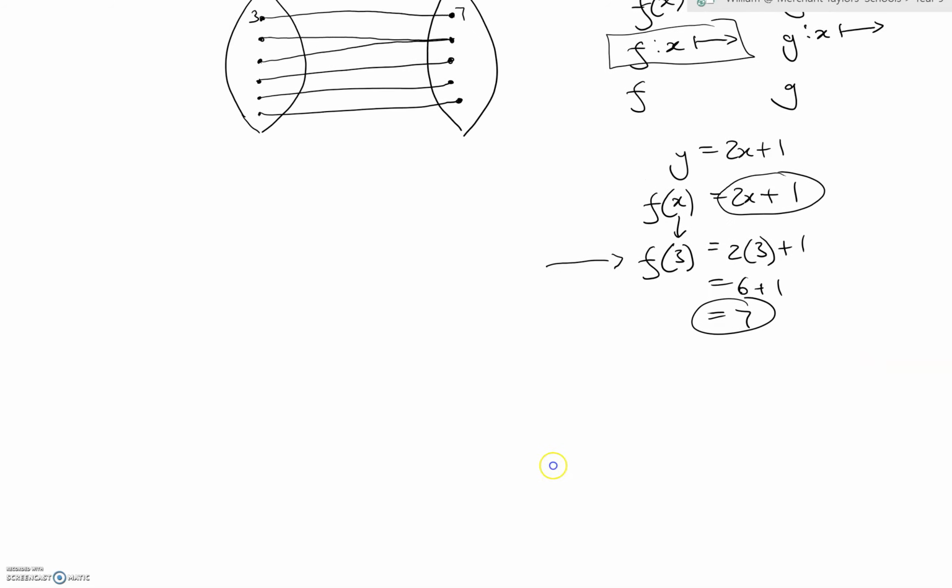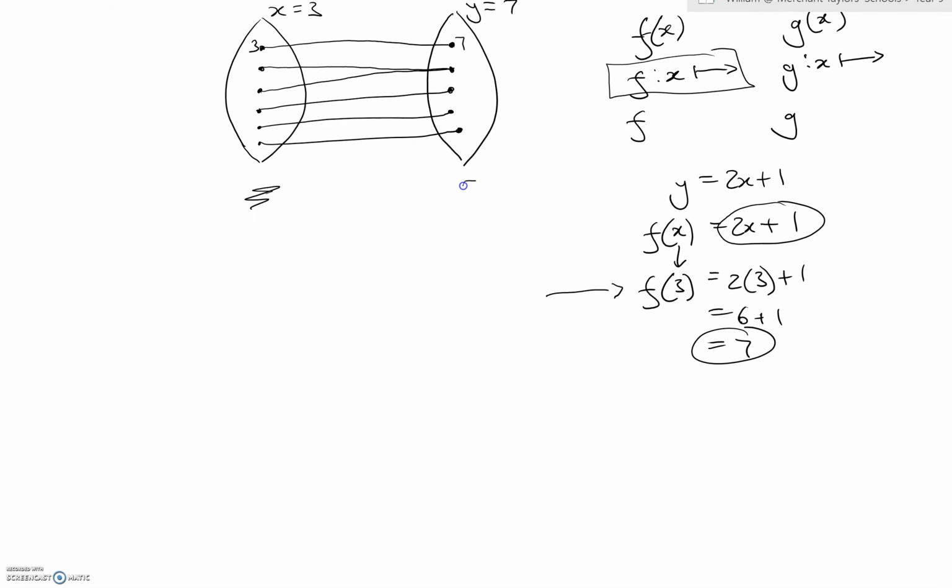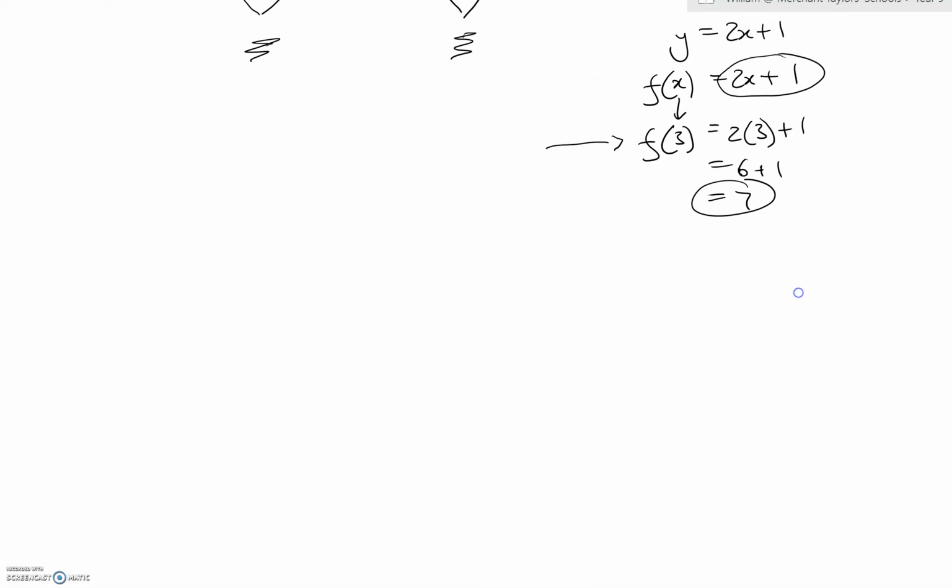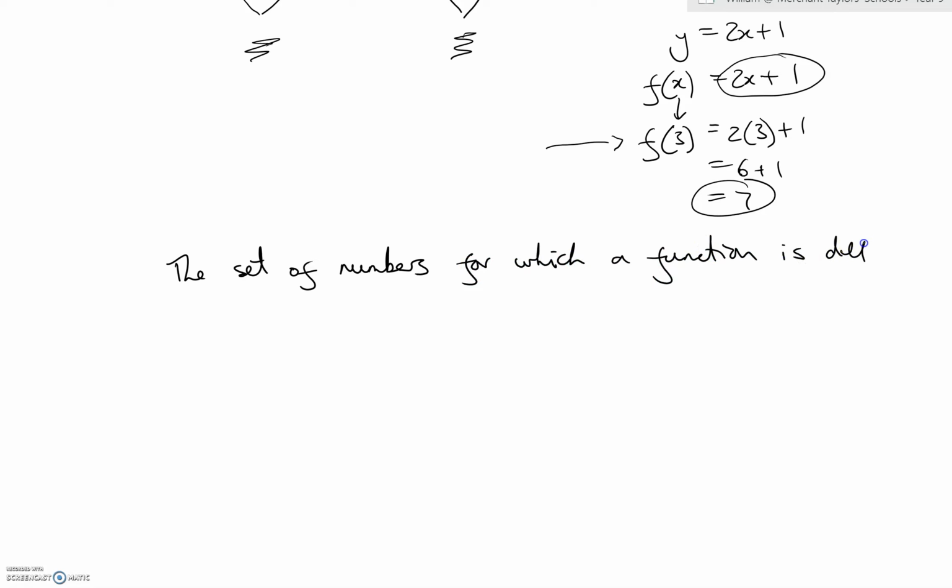So there's these two sets that we've got here, this set and this set, have a special name. So the set of numbers, keep writing all this stuff down, the set of numbers for which a function is defined is called the domain of the function.